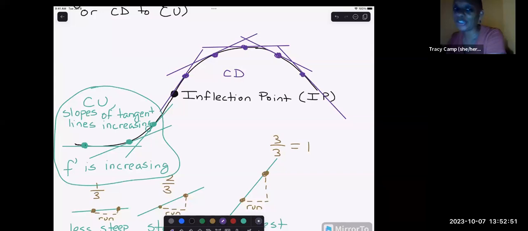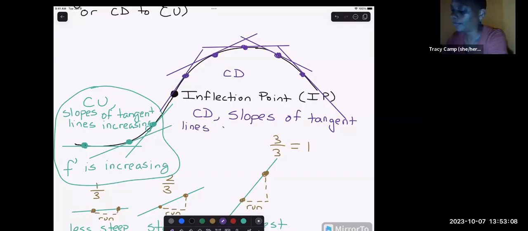So in general, whenever your curve is concave down, the slopes of your tangent lines are decreasing. And remember, what's the slope of the tangent line? The derivative. So this means that F prime is decreasing.